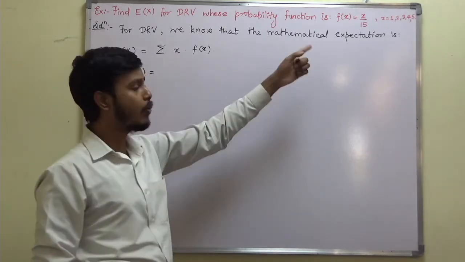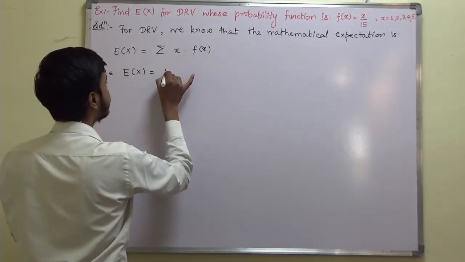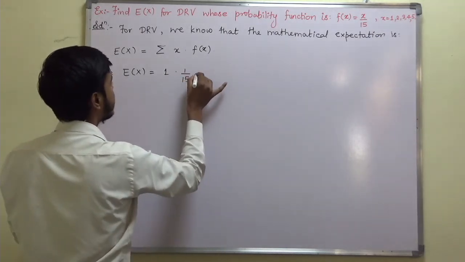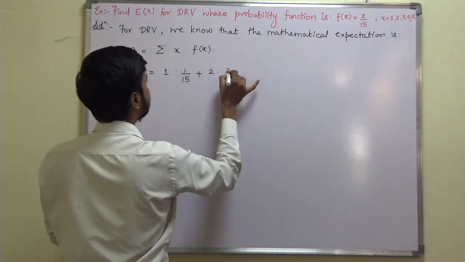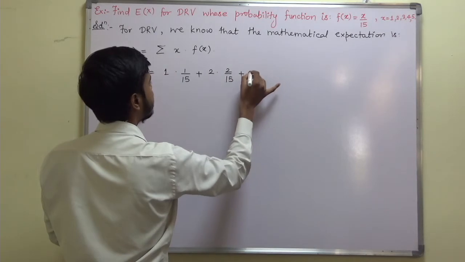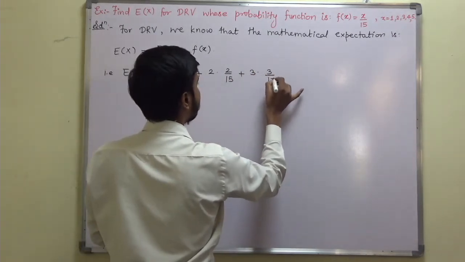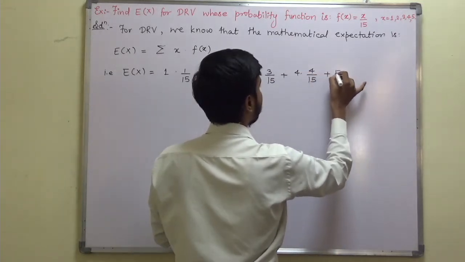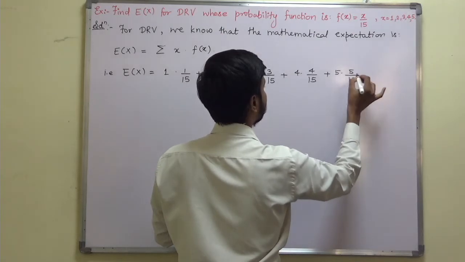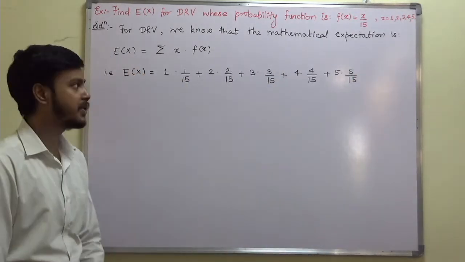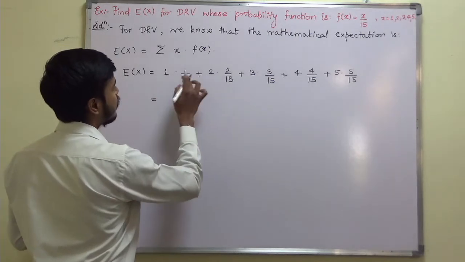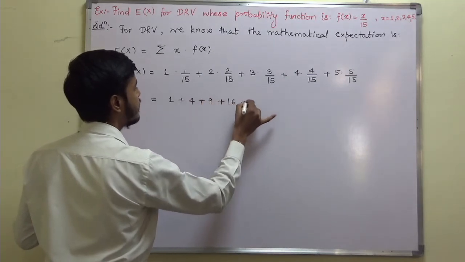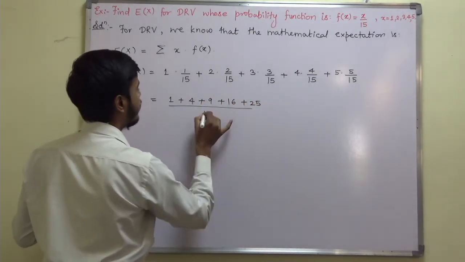So put x equal to 1. The moment you put x equal to 1, it should be 1 into f of 1. So f of 1 is 1 by 15, plus 2 into 2 by 15, plus 3 into 3 by 15, plus 4 into 4 by 15, plus 5 into 5 by 15. Okay, no further terms required. So this is 1 plus 4 plus 9 plus 16 plus 25 upon 15.